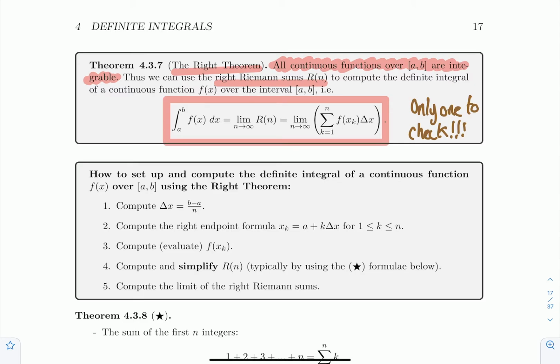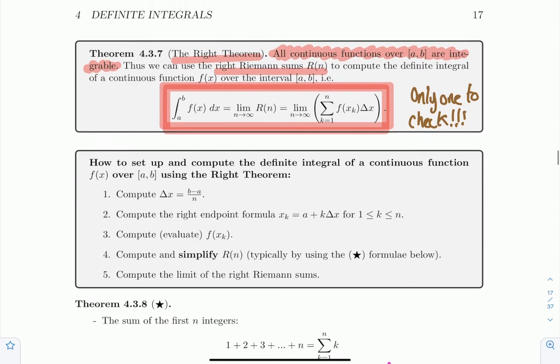And of course, in this chapter, all our functions are going to be continuous, so all our functions are going to be integrable. So you just need to set up a right Riemann sum and study its behavior as n goes to infinity to compute the value of the definite integral for that function. Very powerful theorem that simply says you can look now just at the right Riemann sum and check what happens when n goes to infinity. If you find that value, it's the value that you're looking for. Super cool stuff.